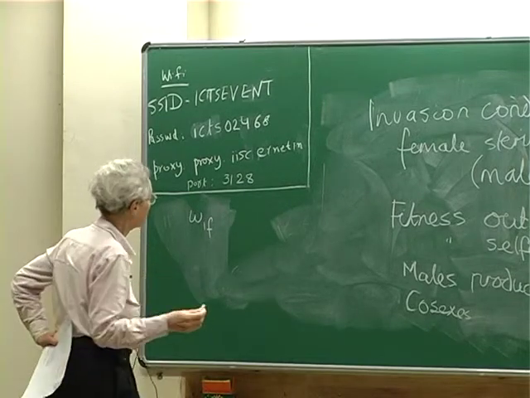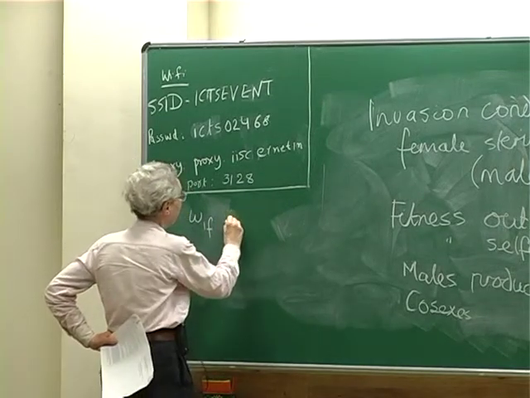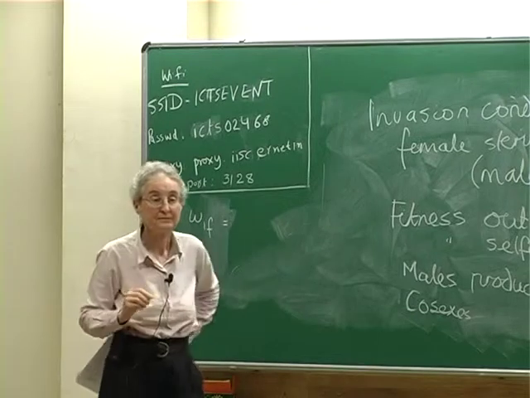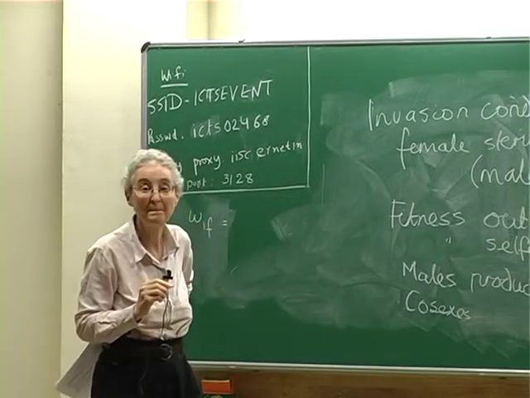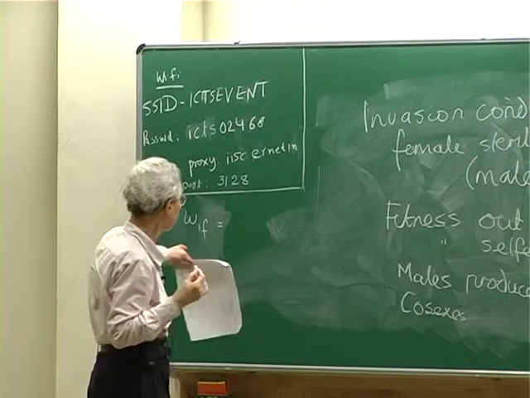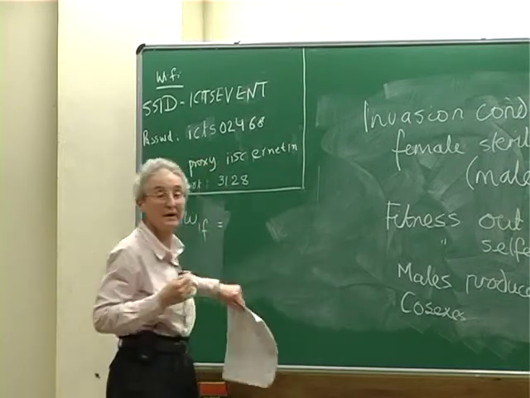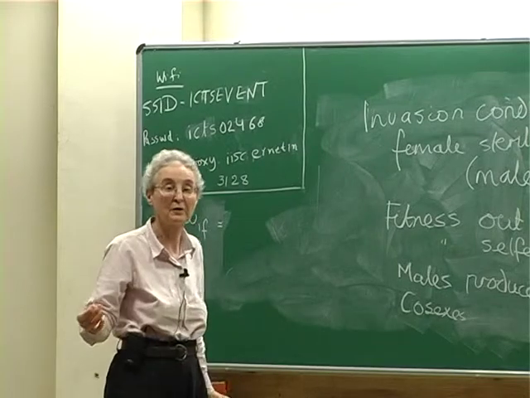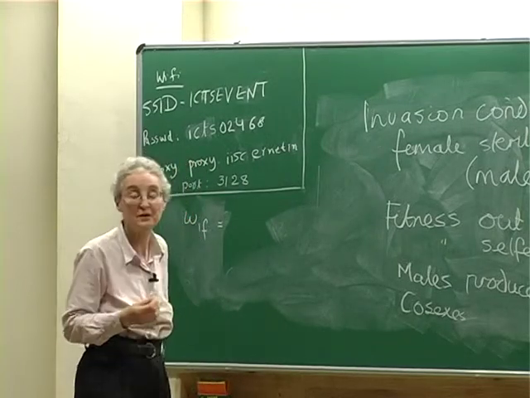What does the co-sex contribute to outcrossing? Yes, it can contribute as a female. It can have offspring through outcrossing. What's the probability of outcrossing?